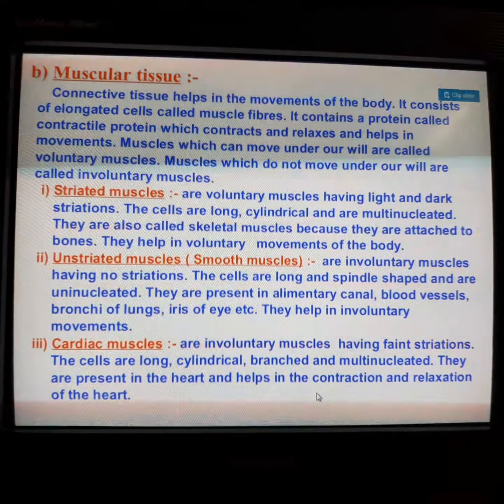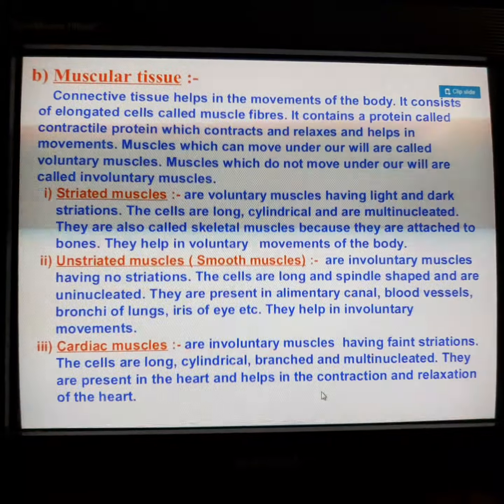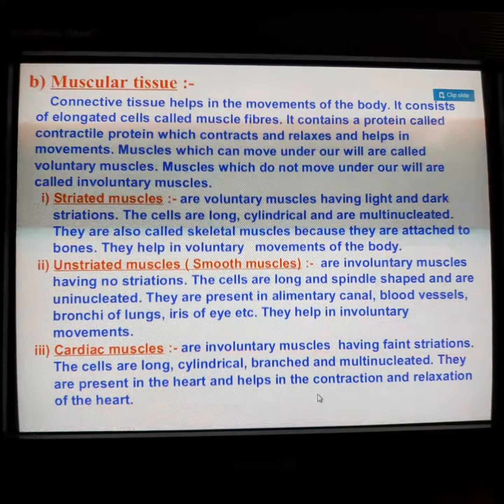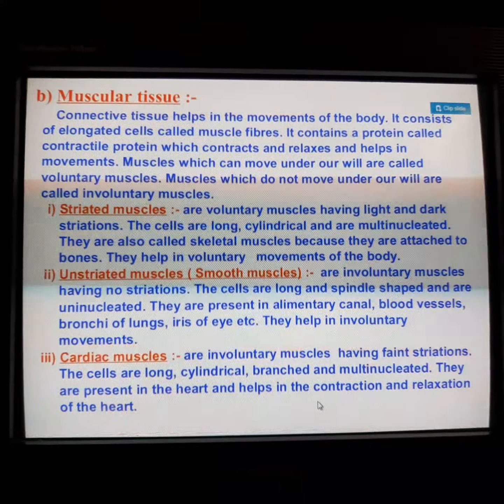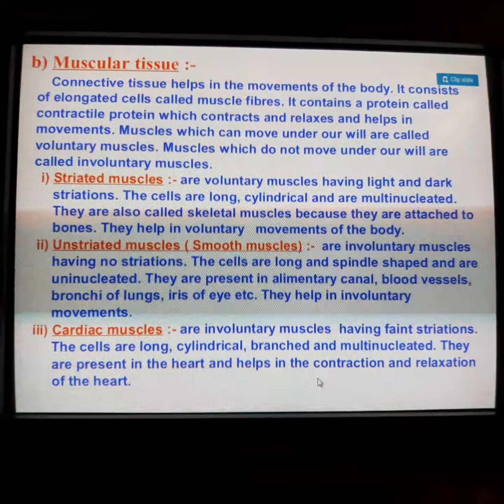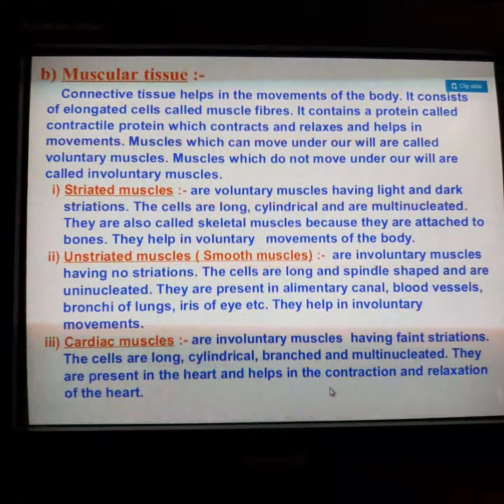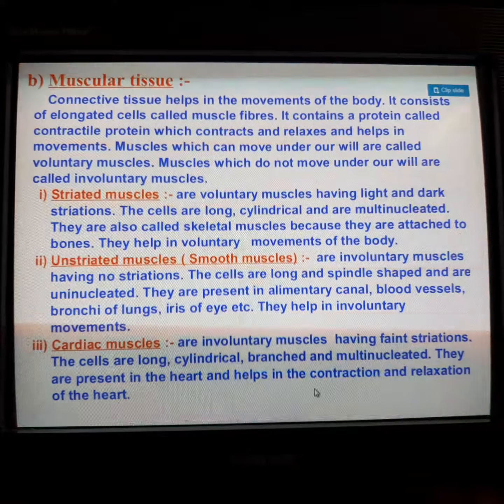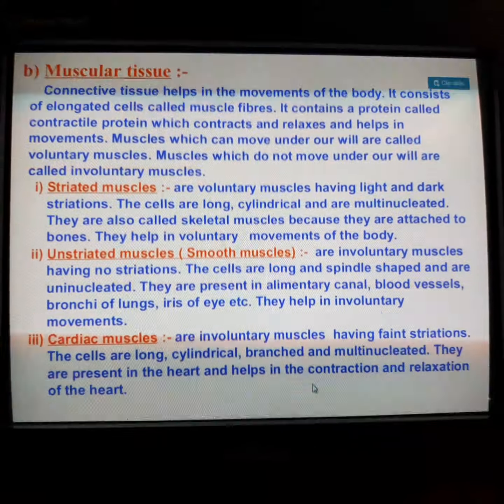Mainly, there are two types of muscular tissue if we categorize: the voluntary muscles and involuntary muscles. The voluntary muscles are also called the skeletal muscles or the striated muscles, and they help in movement according to our will.